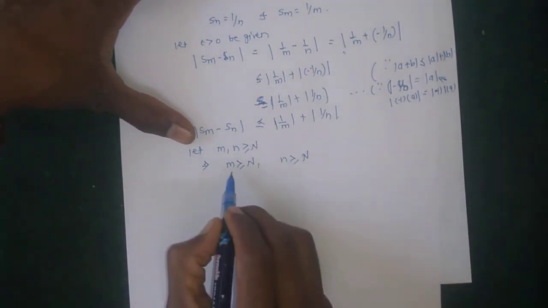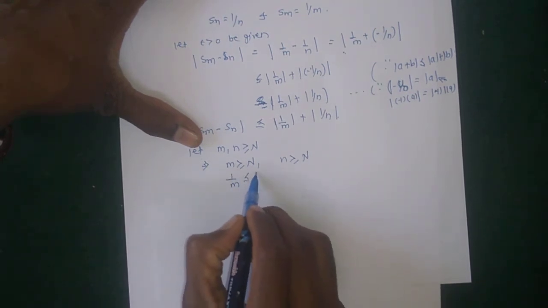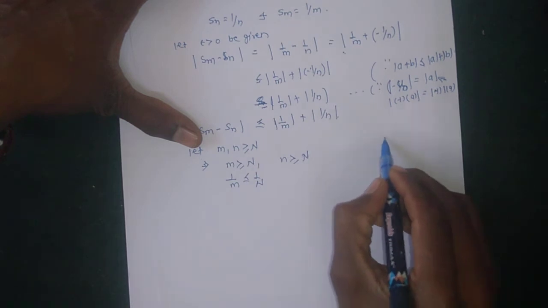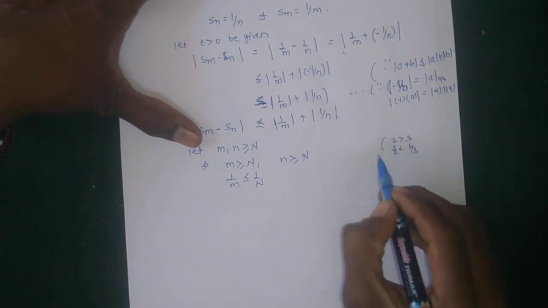Then 1 upon m must be less than or equal to 1 by N, because if 2 is greater than 3... rather, if 3 is greater than 2, then 1 by 3 is less than 1 by 2.